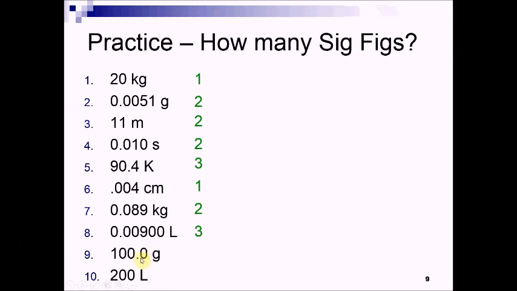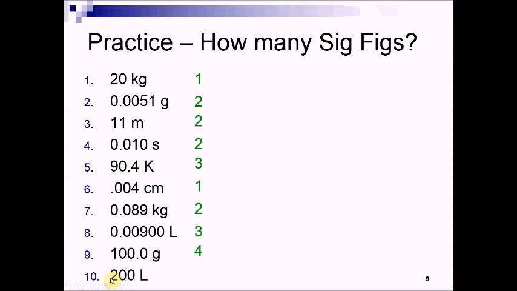The reason that 0 is there is because it must matter for our measurement. It must be telling us that we have actually a really precise piece of measuring equipment. It measures out to 1 gram, and then our last digit was the guess. So that's got to be all of them. All of those digits are significant. That's going to be 4.